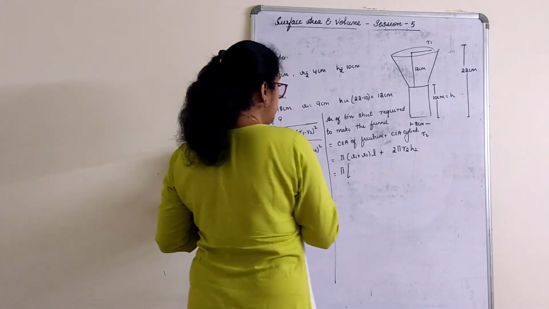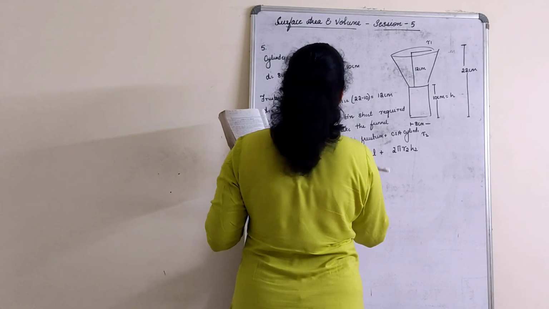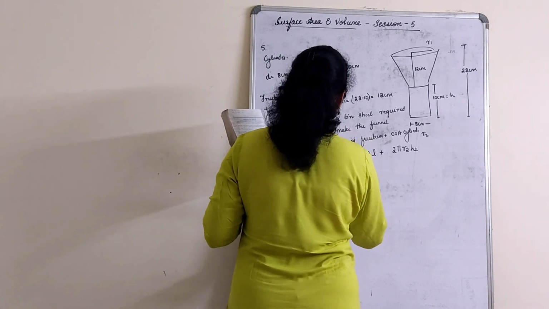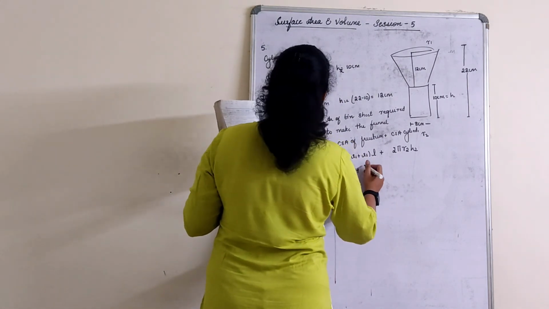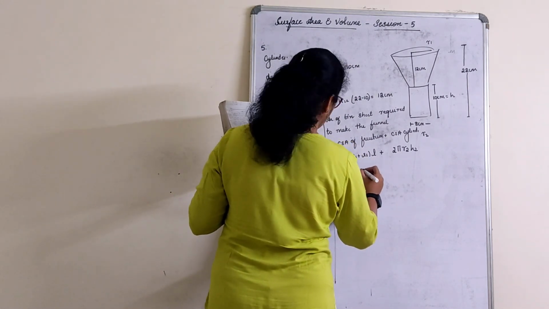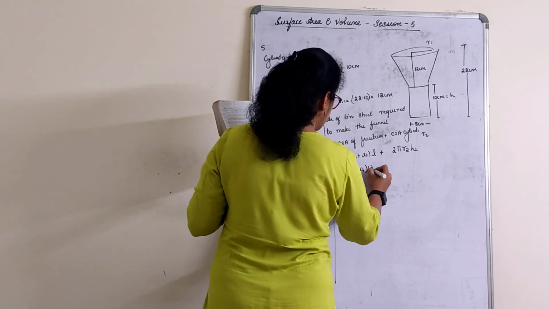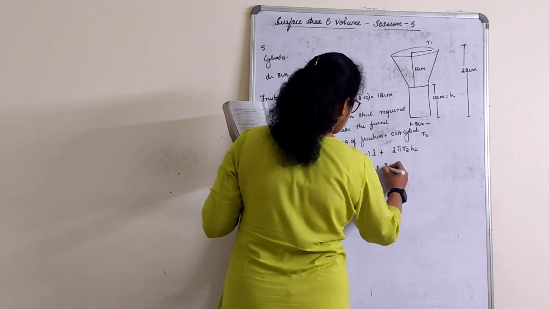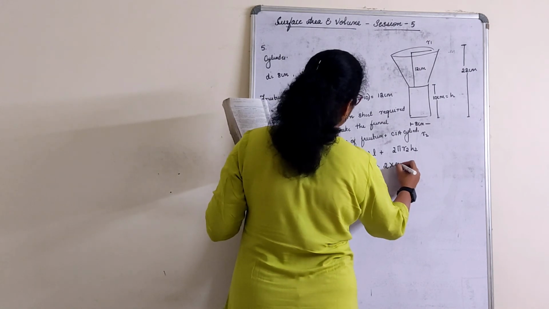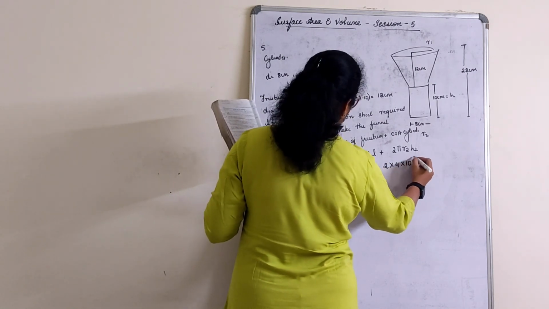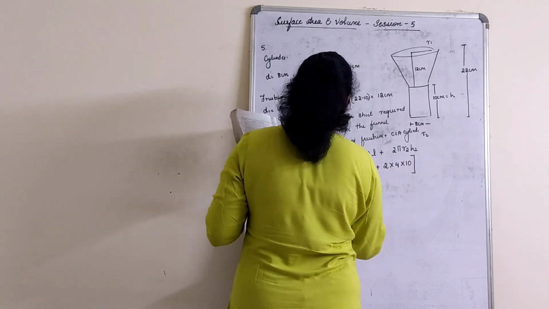So R1 plus R2. R1 is how much? 9 plus 4, of 13, plus 2 into R2, which is 4, into H2, which is 10.